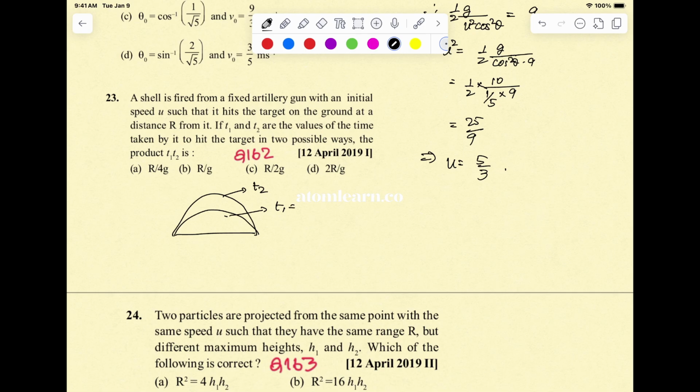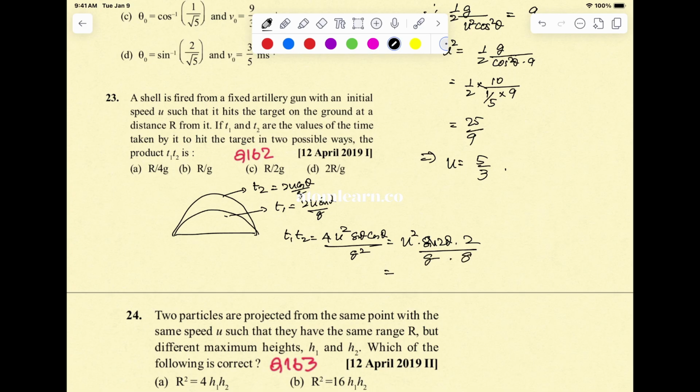Therefore, we know t1 equal to 2u sin theta by g. This becomes 2u cos theta by g. Therefore, the product t1, t2 becomes 4u squared sin theta cos theta by g squared, which can be written as u squared into 2 sin theta cos theta, which becomes sin 2 theta, multiplied by 2 divided by g, another g.